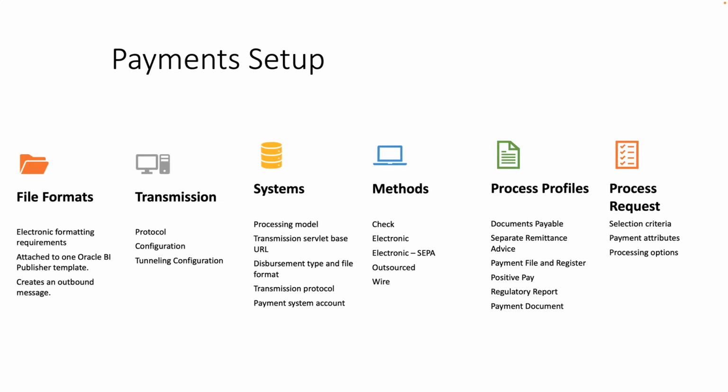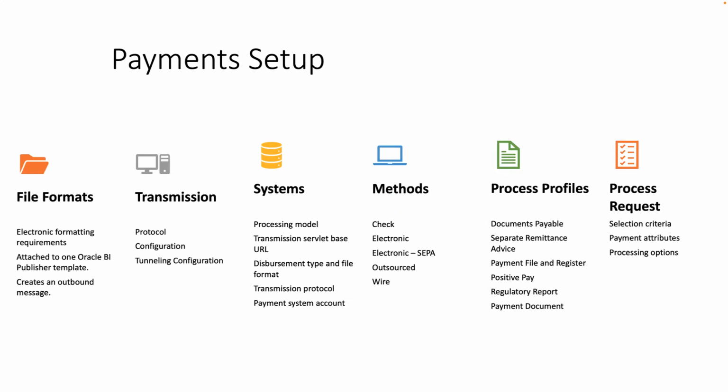And the bank will pull that information from that server. So that's basically how it works. Your bank will, at a particular time on a daily basis, go into that SFTP folder and extract that file.